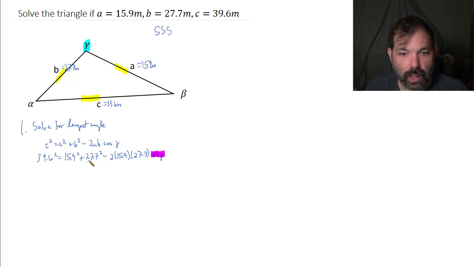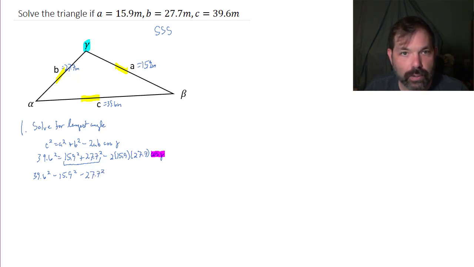All right, so let's see. To solve for cosine gamma, I'm going to subtract these terms. So I have 39.6 squared minus 15.9 squared minus 27.7 squared.